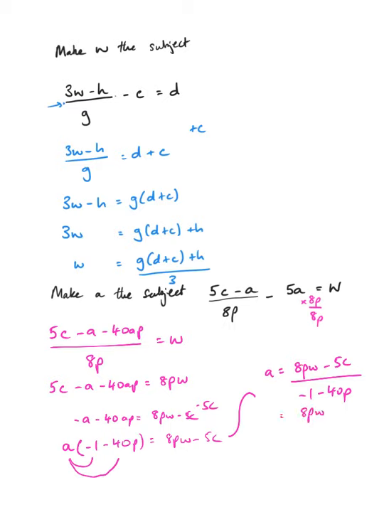So look, I can factorise that again over minus 1 plus 40p, and then just bring the minus outside of the fraction. I get minus 8pw minus 5c over 1 plus 40p, or you could make that 5c minus the 8pw over minus 1 minus 40p. But of course we're then getting the minuses back in there, so it wouldn't make so much sense.